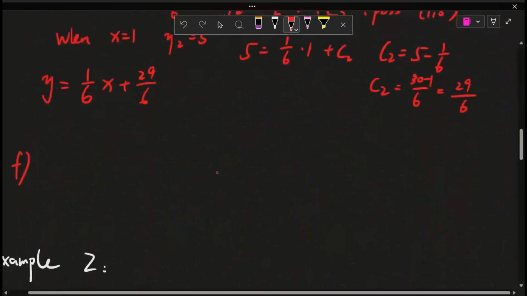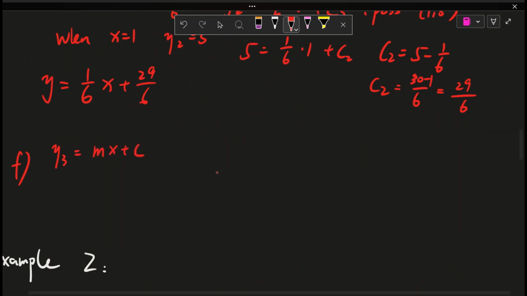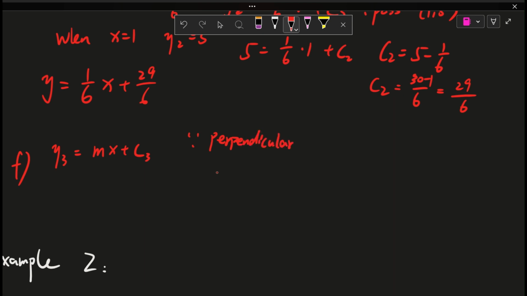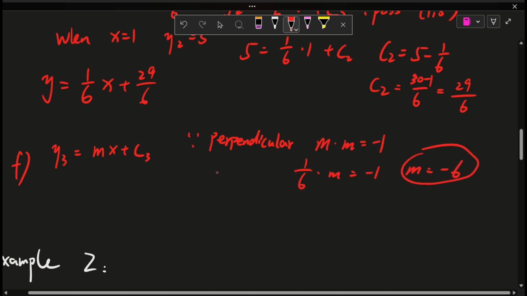So let's have a look. y3 equals mx plus c. Because it's perpendicular, so that means m times m equals minus 1. So 1 over 6 times m equals minus 1, and your m equals minus 6.